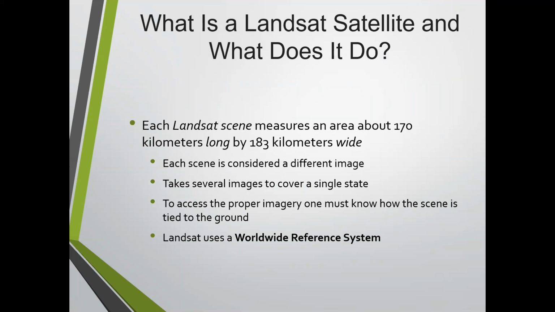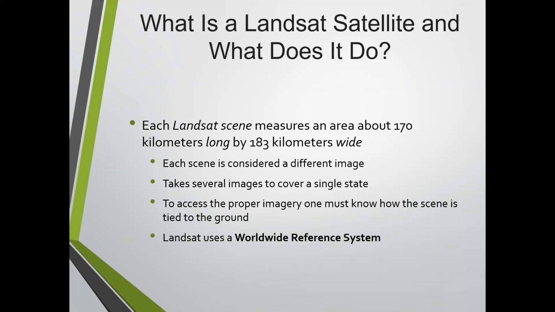Each scene that Landsat measures is about 170 kilometers long by 183 kilometers wide, and these are referred to as scenes. You can think of each scene as a panel of information.